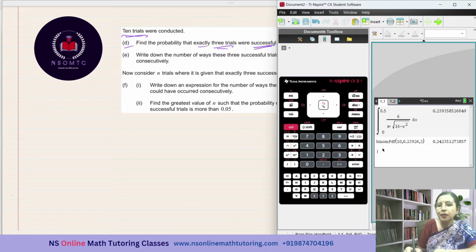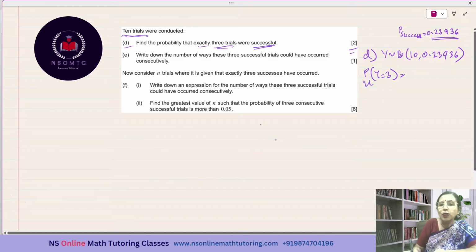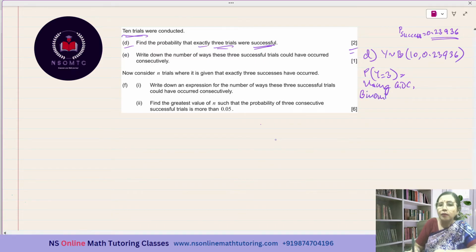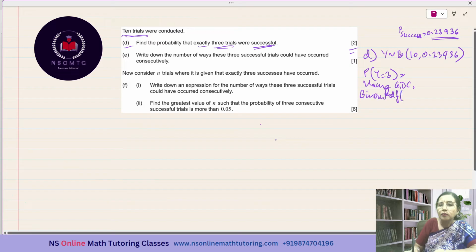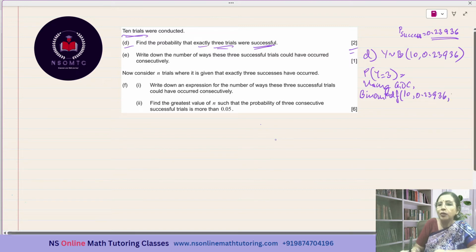So let me write using GDC binom PDF and 10. Because it is containing 2 marks, it is better to write this. Using GDC, binom PDF: it is 10, and then the probability of success 0.23936, and then the X value was 3.